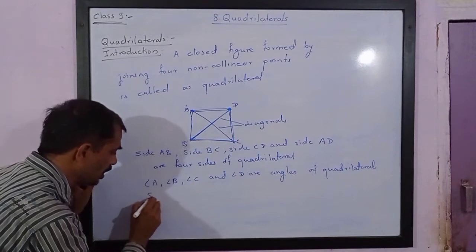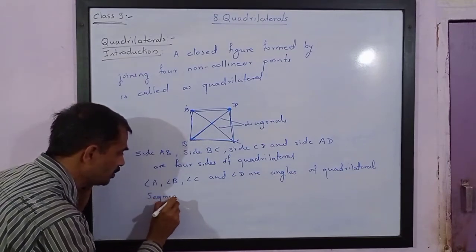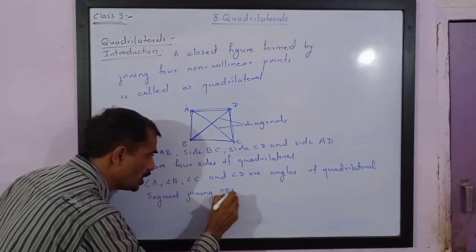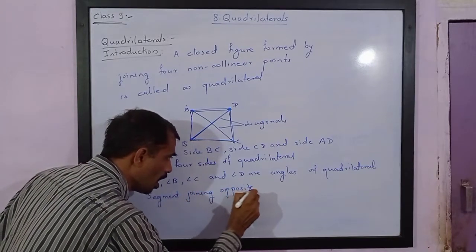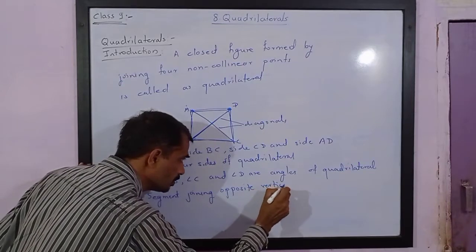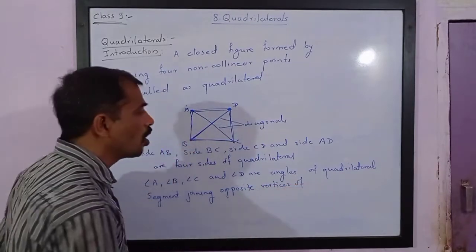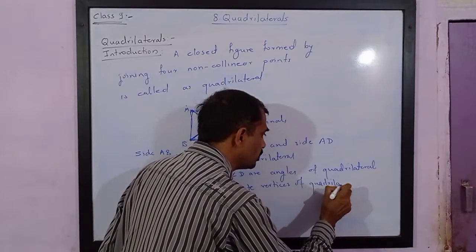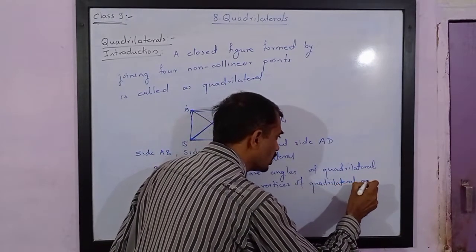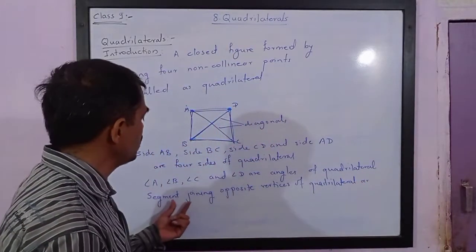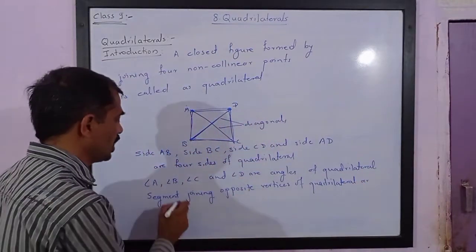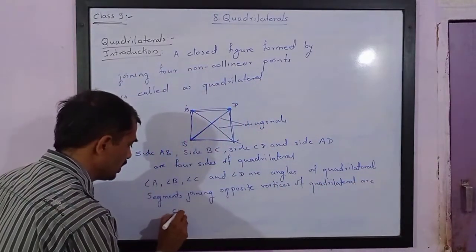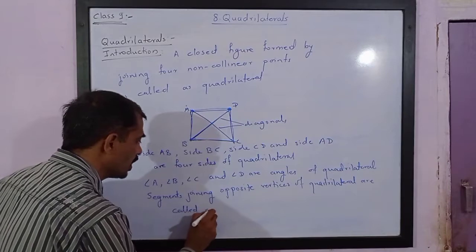So the segments joining opposite vertices of a quadrilateral are called diagonals.